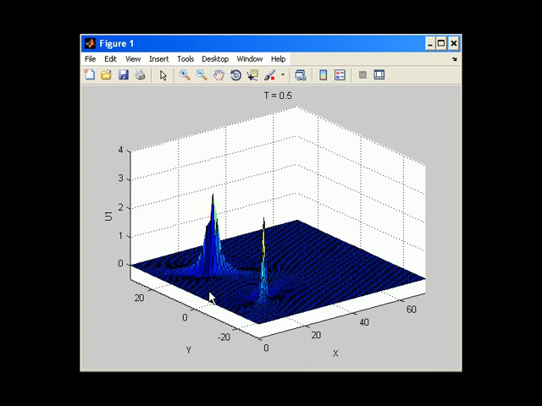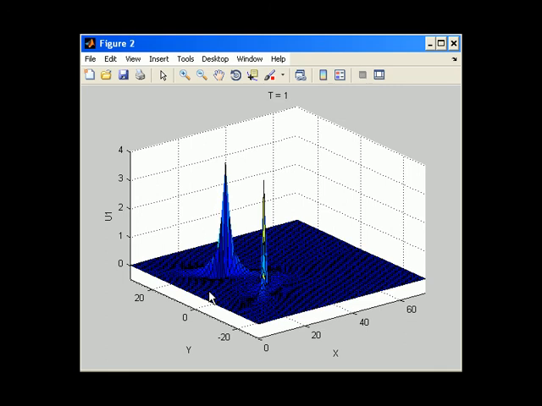Strangely enough, it's actually possible to solve this difficult equation analytically, and you can compare the PD2D solution with the true solution, and they agree fairly well.